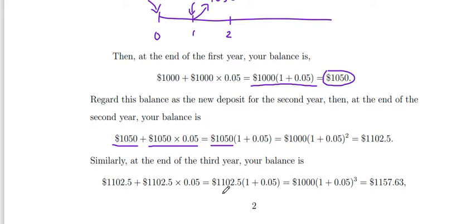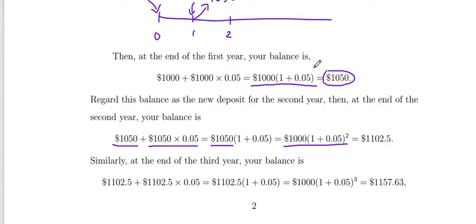So we find it becomes $1,000 multiplied by 1 plus 0.05, squared. Right? So we can find the pattern: at the end of the first year, how much can you take?